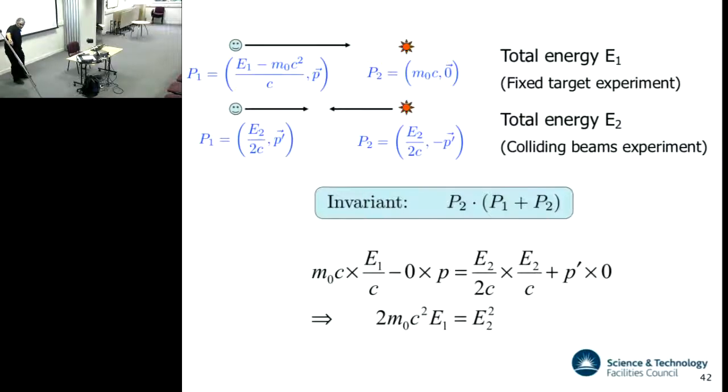Then I end up with E1 times M0, so that's this term, that's 0 times there, so that's that one, is equal to E2 over C times, where are we? Yeah, E2 over C times, then I have to use P2 in this frame, gives me that. So that gives me that quantity plus 0, and then a bit of manipulation gives me that relation.